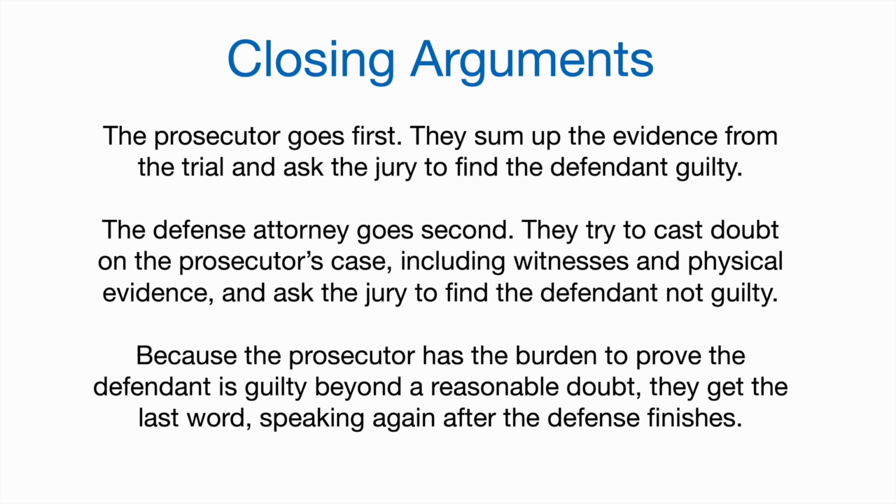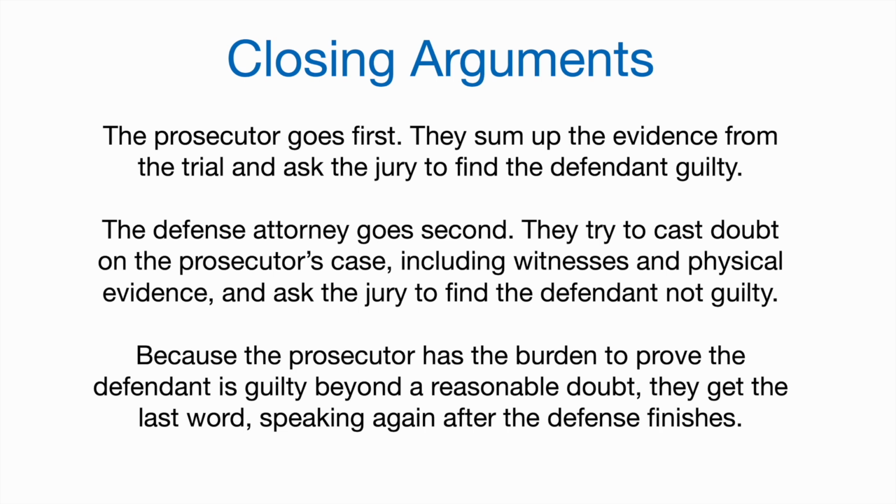Closing arguments. The prosecutor goes first, they sum up the evidence from the trial, and they ask the jury to find the defendant guilty. The defense lawyer goes second. In their closing argument, they try to cast doubt on the prosecutor's case, including specific witnesses and physical evidence, and they ask the jury to find the defendant not guilty.